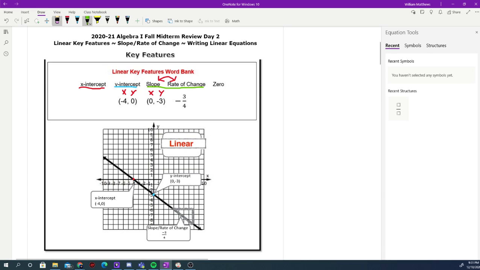The last piece is our 0, and this is connected to our x-intercept. Our 0 is just referring to the x value of our x-intercept. So with that, our x-intercept is also dealing with our 0.